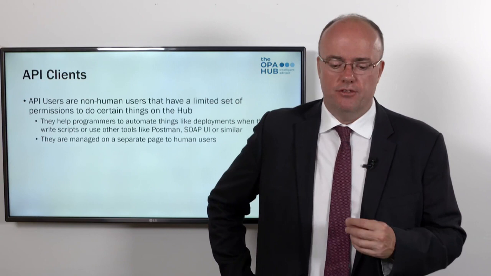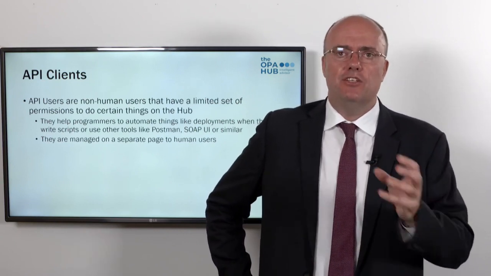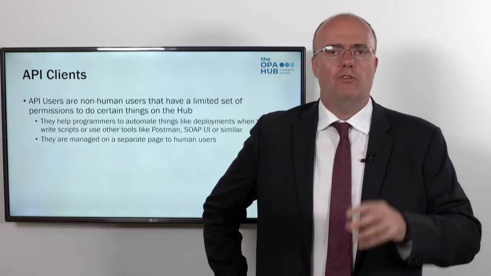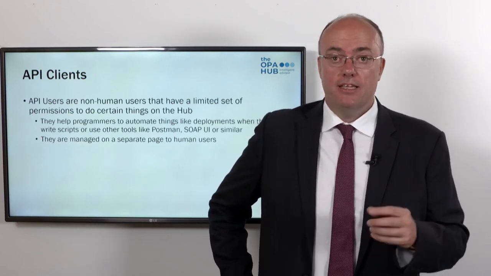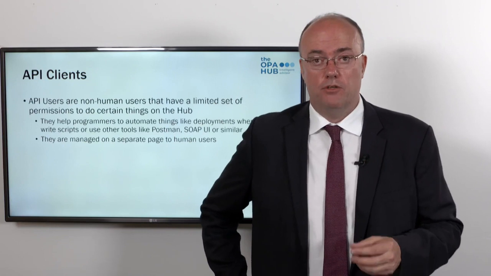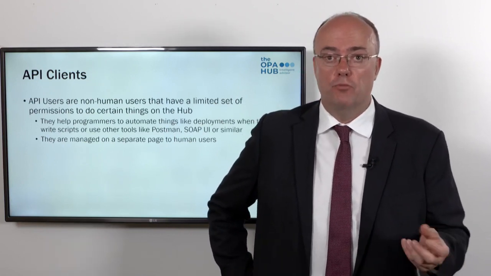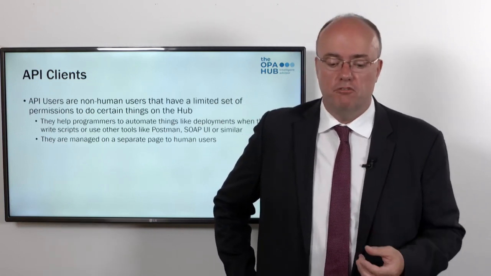API clients are essentially limited role users. There's only certain things an API client can do. An API client cannot write policies, for example, because an API client is supposed to be a non-human, an automation feature.